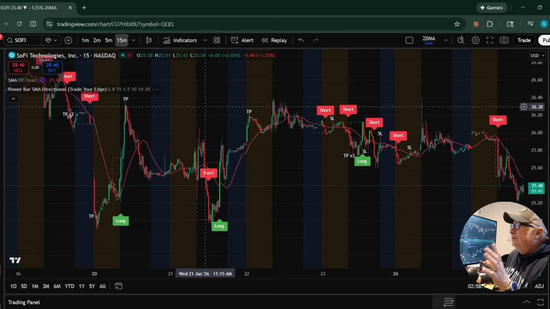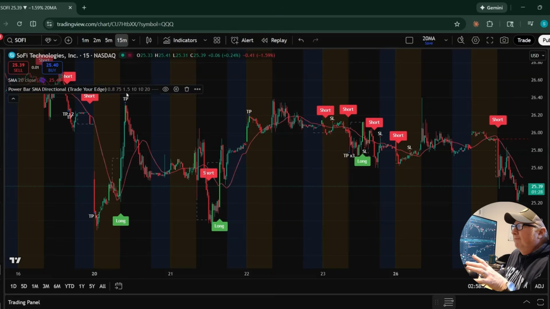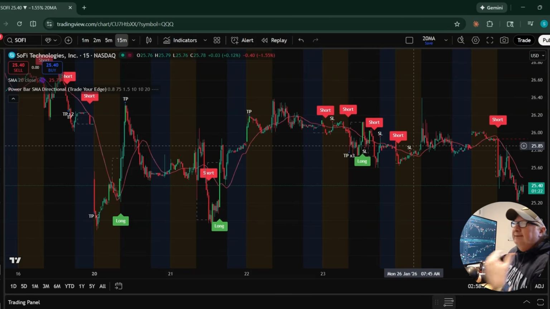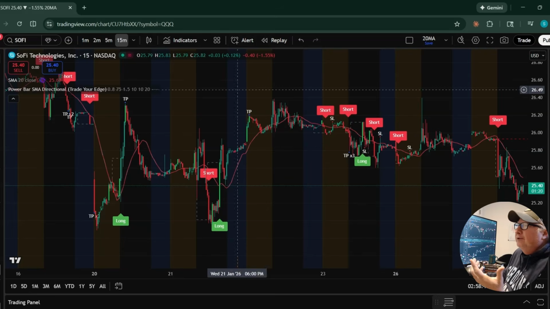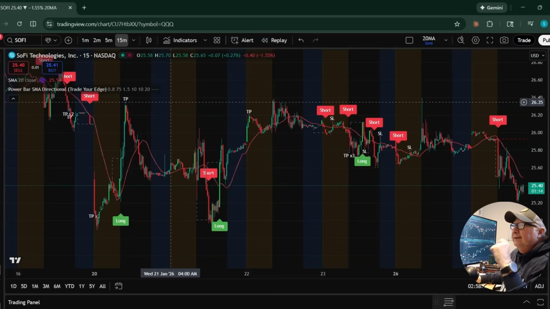I'm not going to pop through each one, but this is how you can tell if a power bar strategy is working well in your stock. Just look for the number of take profits versus the stop losses that you see. And this, I think, paints a really good picture of the stop loss versus the take profit size.